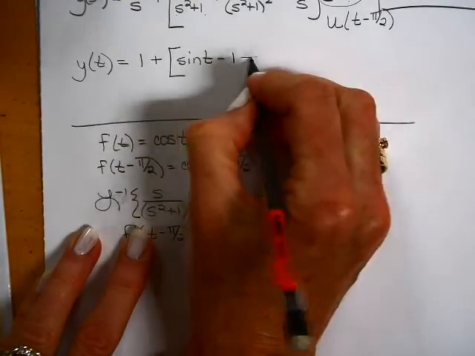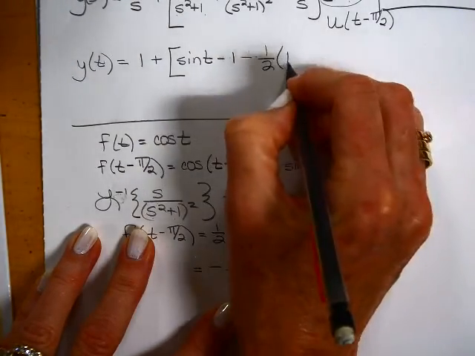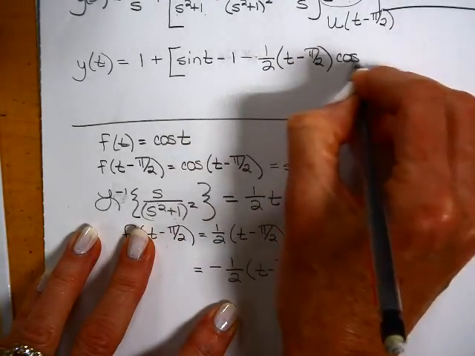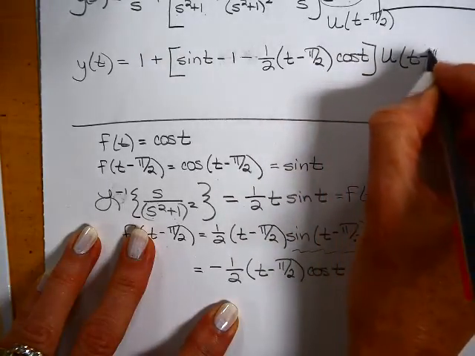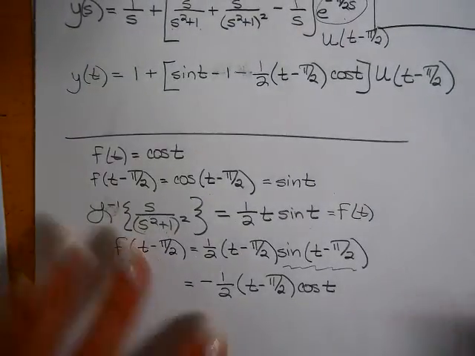So back up here, this is minus 1/2 t minus pi over 2 cosine of t, and all of that has the unit step function behind it. And there is my answer.